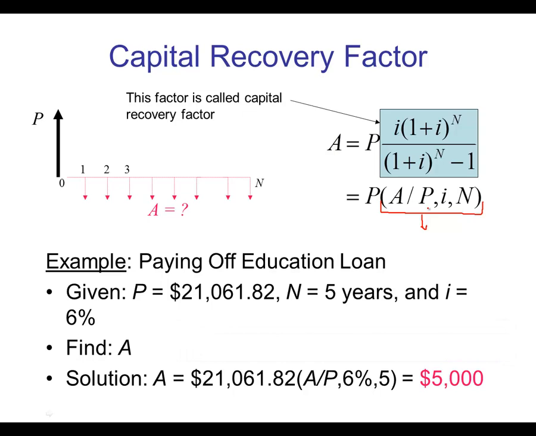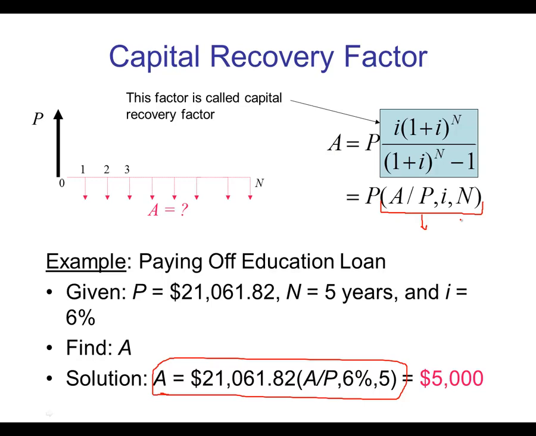5,000. To get the solution for this equation, we can either do it through the main formula, we can get the value of the factor from the back of the book, or we can use an Excel sheet.